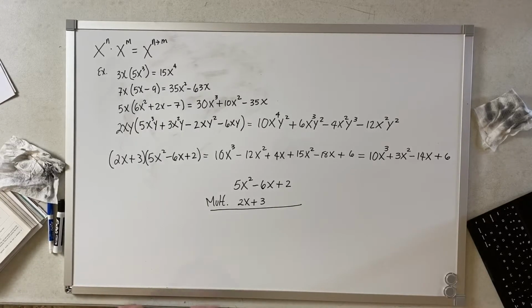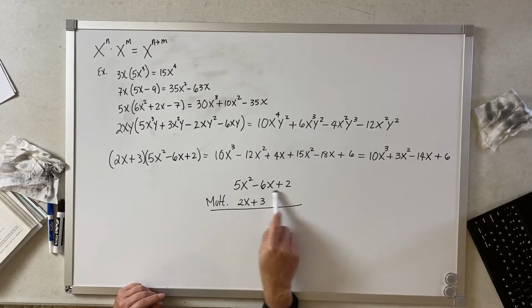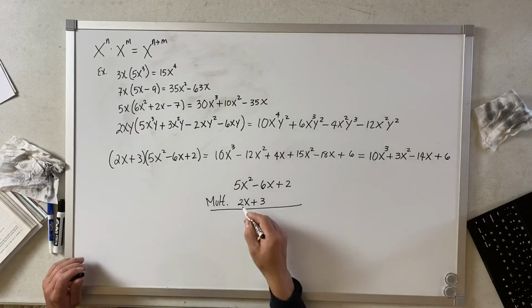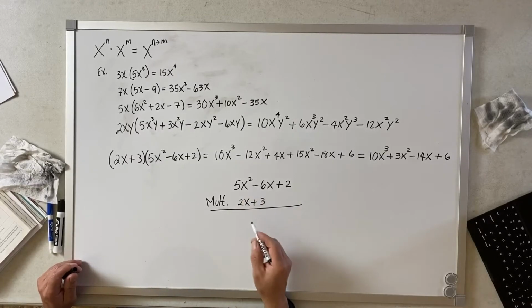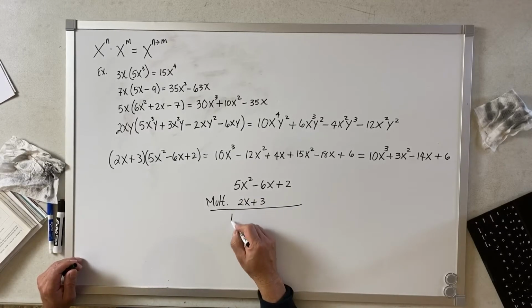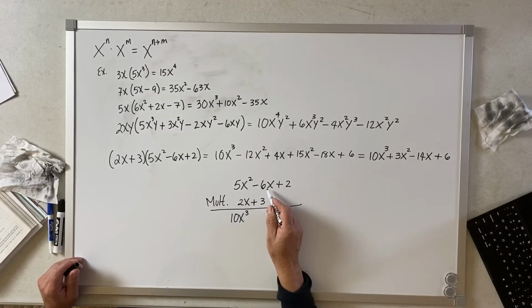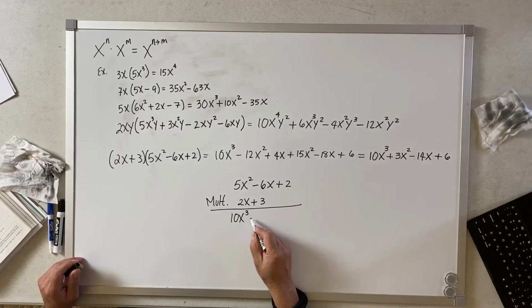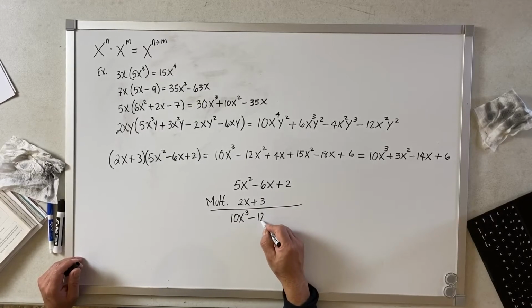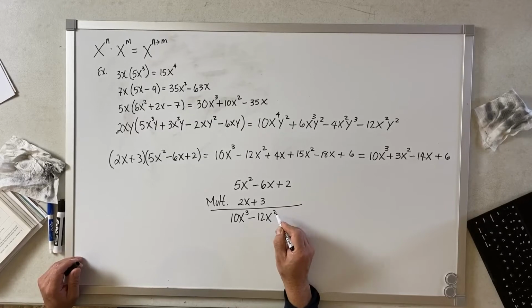So let's multiply. I'm going to multiply the 2x times all of them. So 2x times 5x squared is what? 10x cubed. 2x times negative 6x is what? Minus 12x squared.